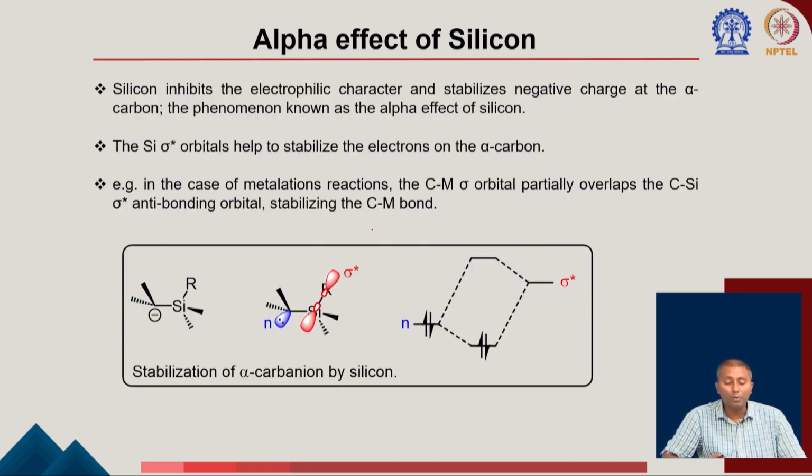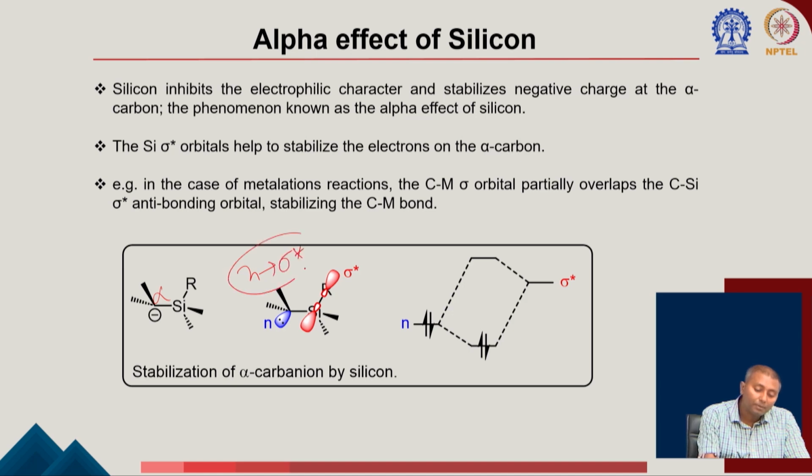Now, why does this alpha silyl anion have some sort of stabilization? We are going to talk about the alpha effect of silicon. Silicon stabilizes a carbanion alpha to it. If you have a carbanion at the alpha position to silicon, it is stabilized through n to sigma star interaction.